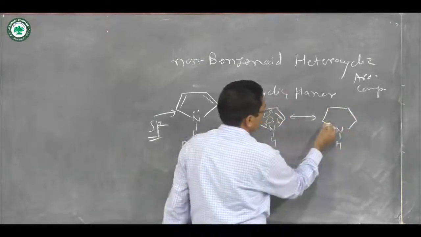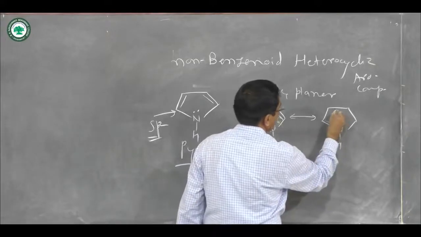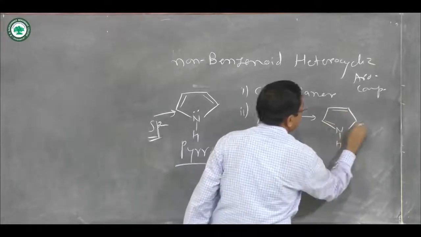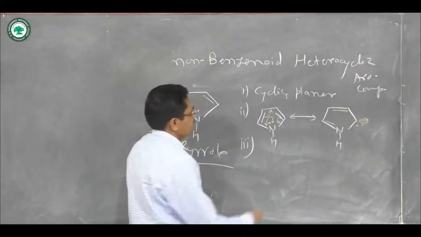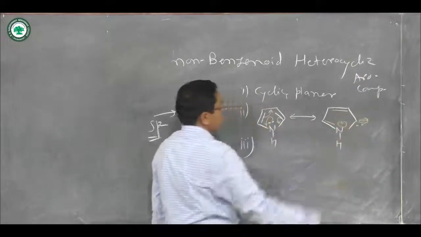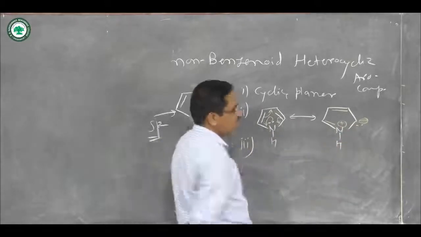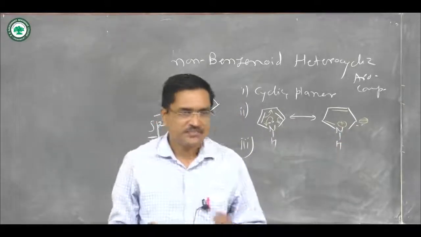So here there is a double bond, and it has the lone pair, and it carries a positive charge. So there is delocalization of pi electrons.